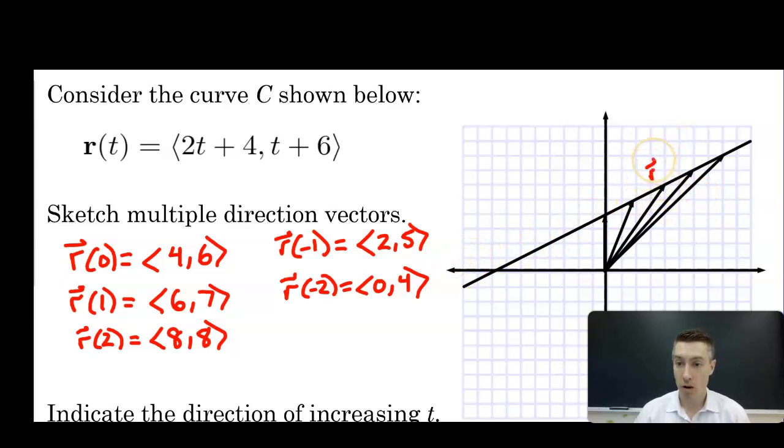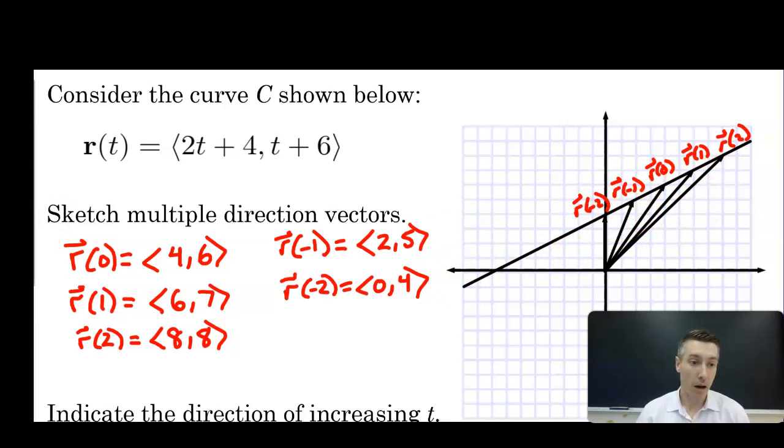So this was r of 0, r of 1, r of 2, r of negative 1, r of negative 2. Okay, so all of those terminal points we got from each vector defined one point on the line.